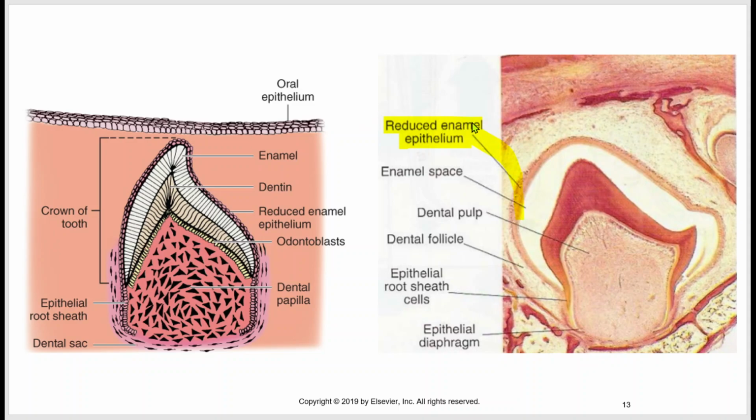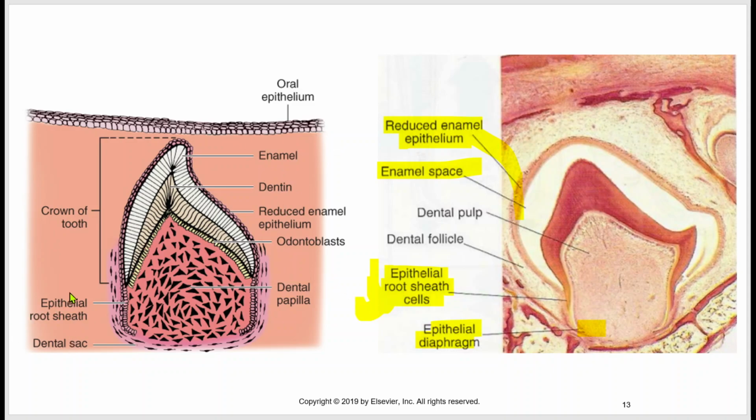That's the enamel space, technically made by the ameloblasts. This is the epithelial root sheath, made by the inner and outer enamel epithelium, and this is the epithelial diaphragm, again made by the inner and outer enamel epithelium, going horizontally. This one's going vertically.